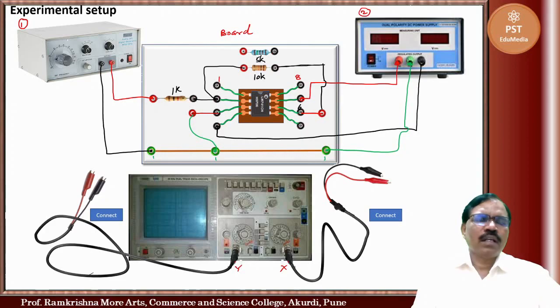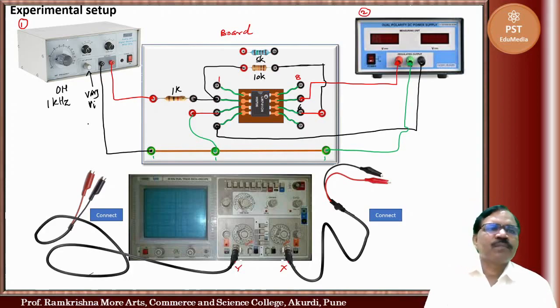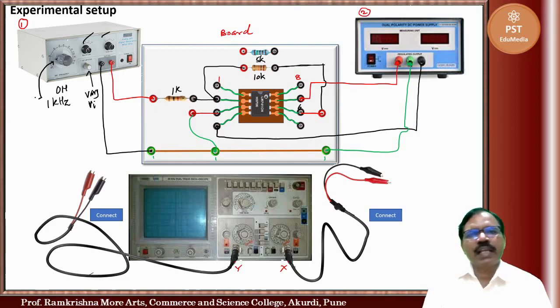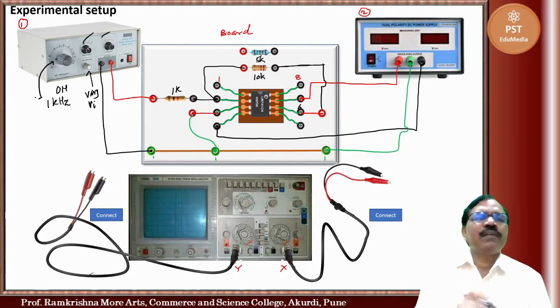Here we will switch this on, and we will set the frequency to 1 kilohertz, and then using this knob we can vary Vi. Using these two knobs we can change frequency, but here we will keep the frequency at 1 kilohertz.